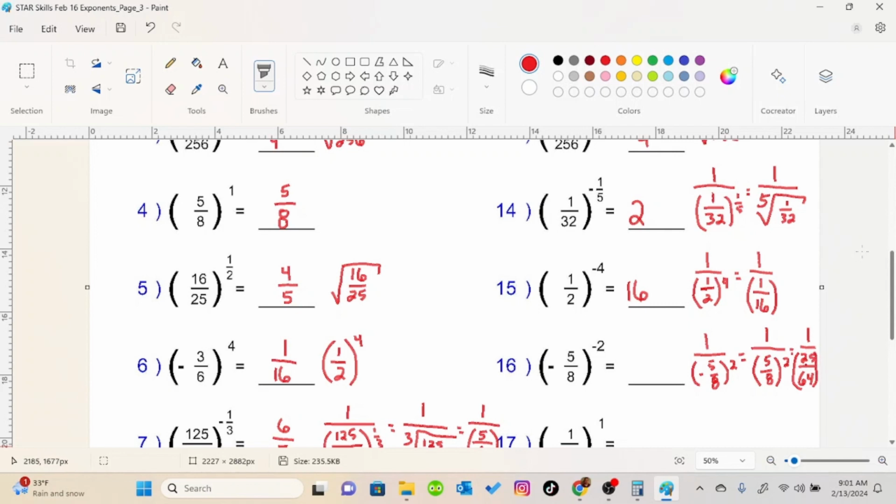And dividing by a fraction is the same as multiplying by the reciprocal. The reciprocal of 25 over 64 is 64 over 25. Multiplied by 1 gives us an answer of 64 over 25.